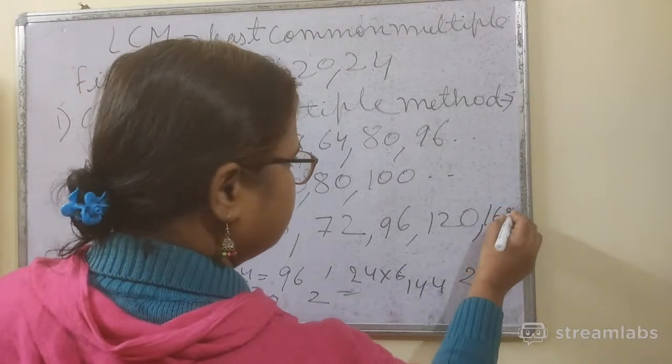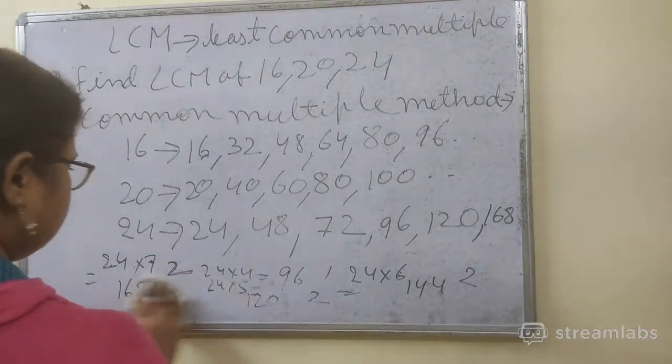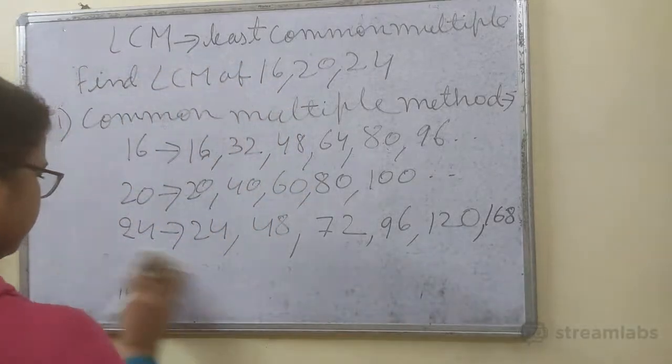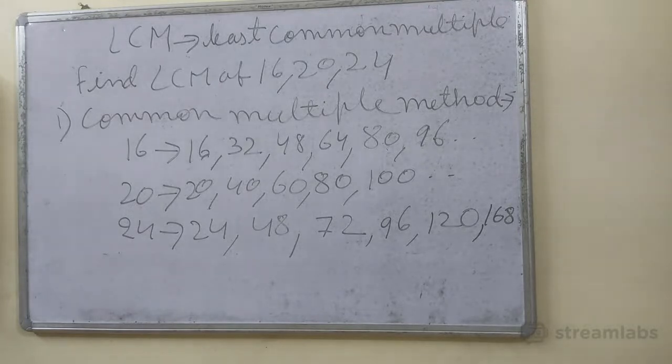168. It means I have taken the big number here. That is why we have to do the calculation. No problem. When we are doing maths, why be afraid of the calculation? Clear? So we should not be afraid of calculation.